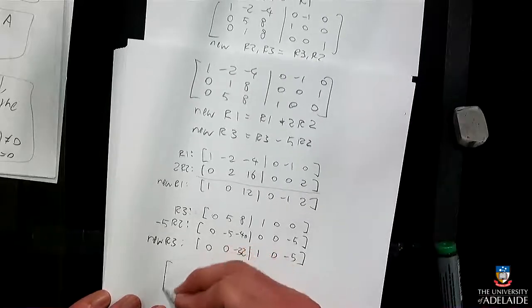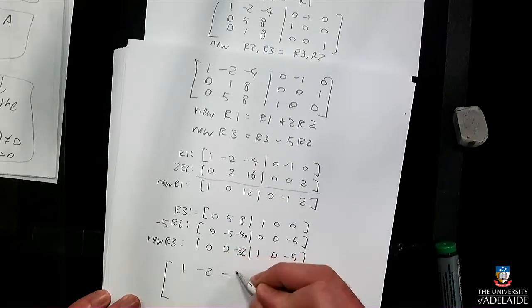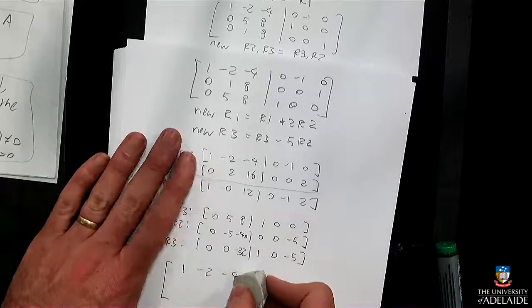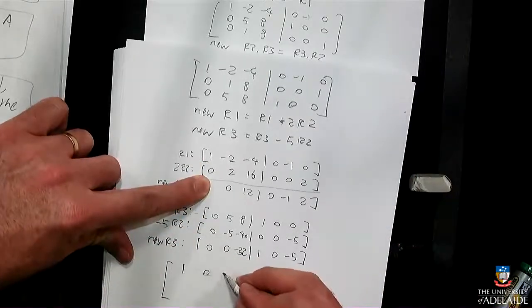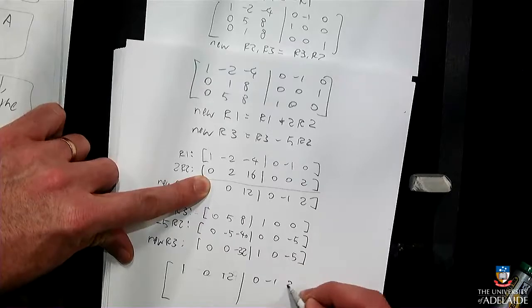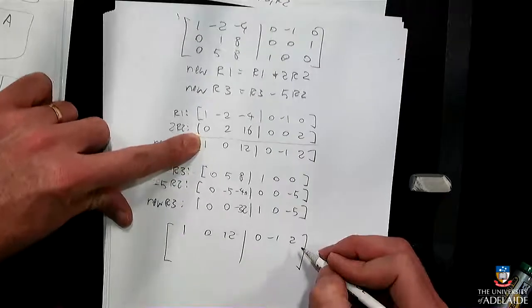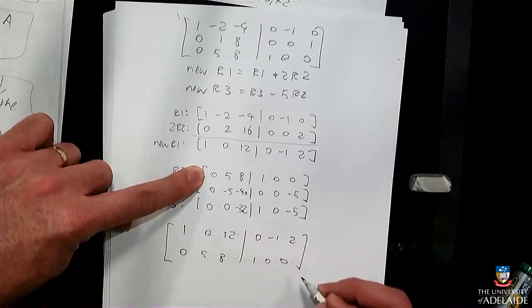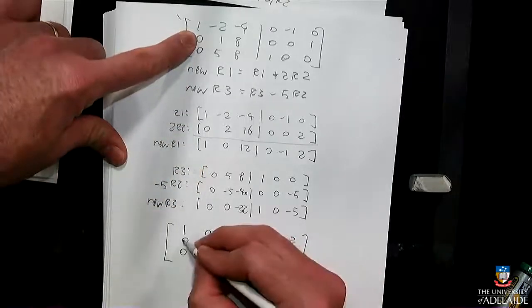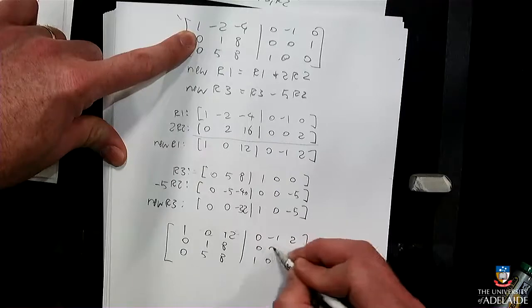Okay, and so my new matrix is now... No, just a second. My new row 1 was 1, 0, 12, 0, negative 1, 2. My new row 3 was 0, 5, 8, 1, 0, 0. And my new row 2 is the old row 2, 0, 1, 8, 0, 0, 1.